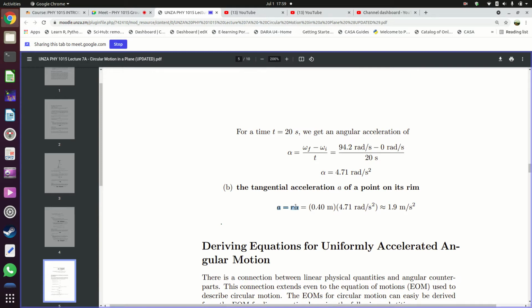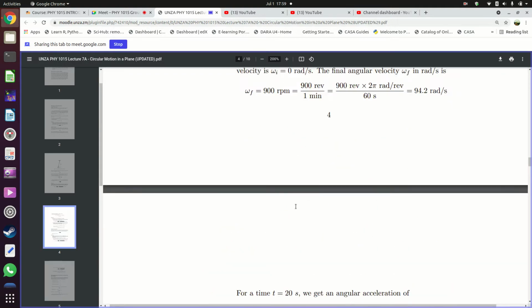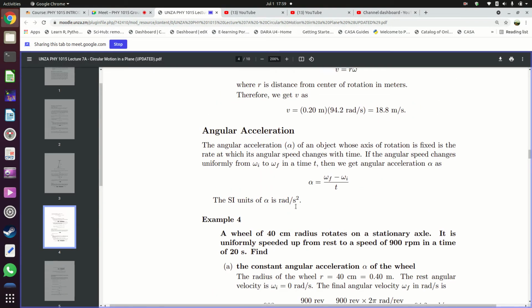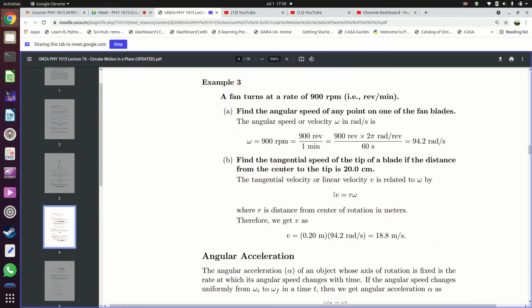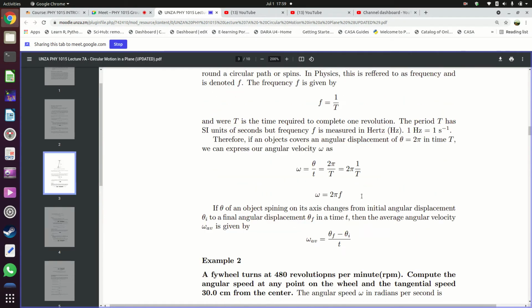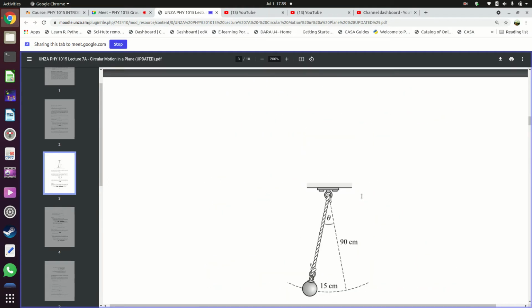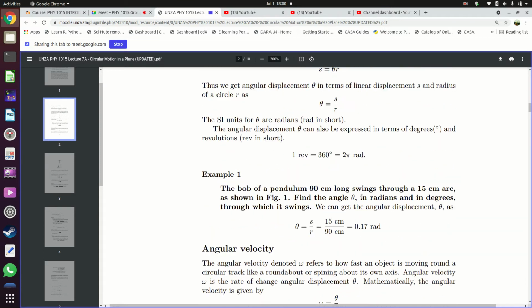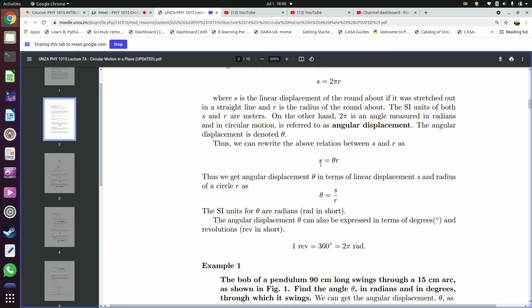When you talk about the linear velocity, v is equal to r omega. So you keep on multiplying the rotational part by the radius. If you also look at the displacement, s is equal to theta r, like that.